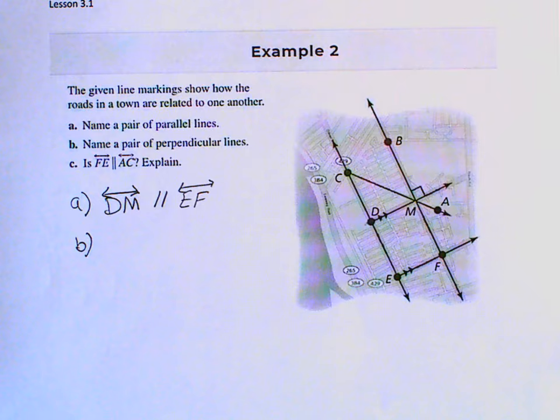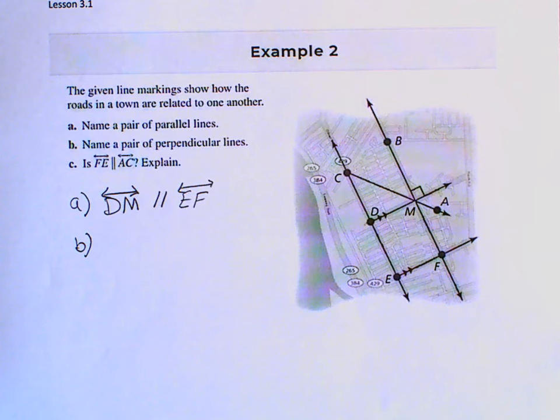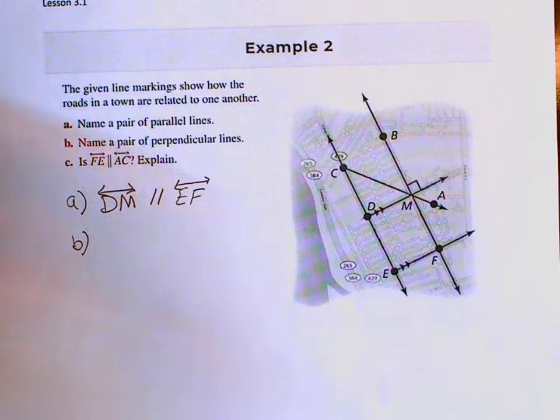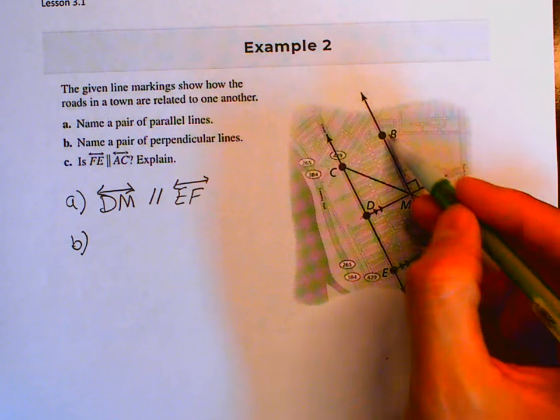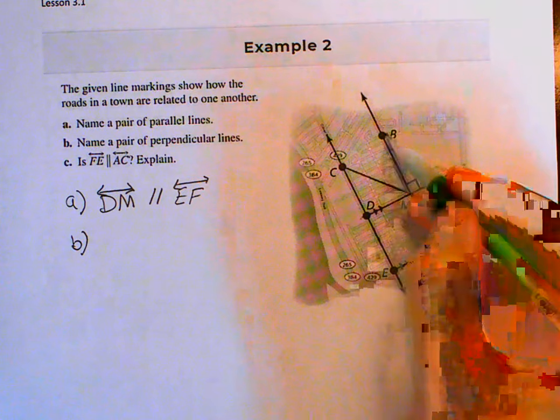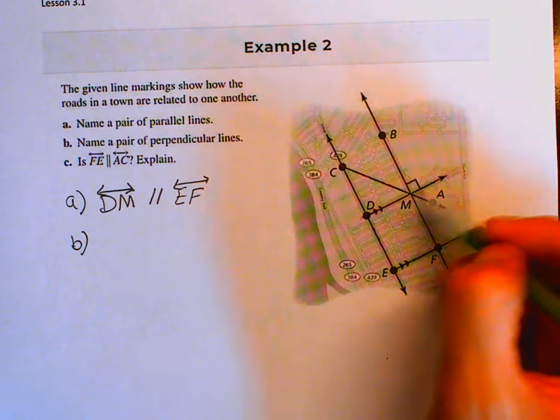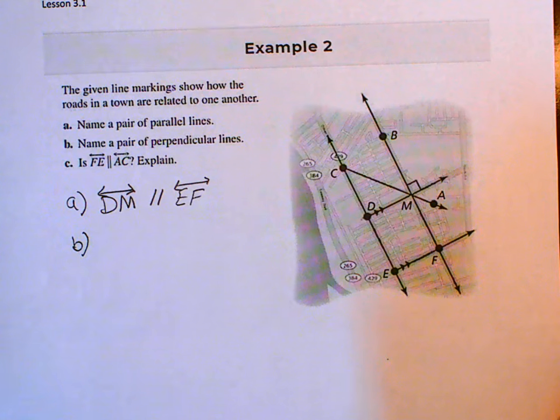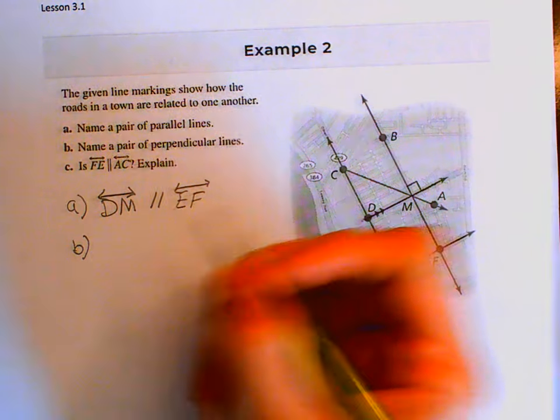In order to look for perpendicular lines, you have to check to see if you have that right angle box. Okay, so the only perpendicular lines that I see are going to be BM and DM. Or if I want to say BF and DM, that's also acceptable. So we're going to say that it's going to be MD or DM, doesn't matter.